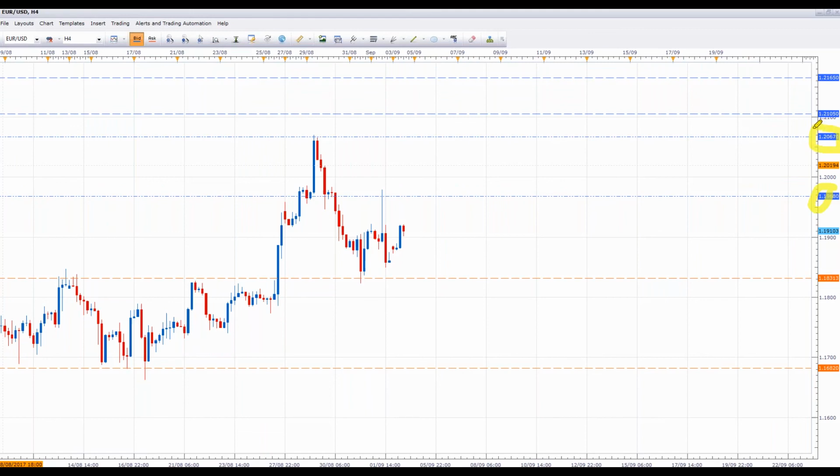I don't know if you guys follow the forecast, but we started the week here and we had this as the first target, this as the second target, and this as the support area. So we've hit the 2 targets and we actually reversed from the top target all the way back down to the resistance area that we had highlighted.